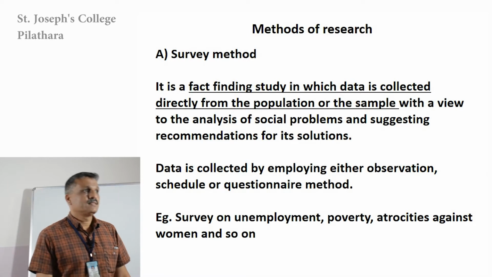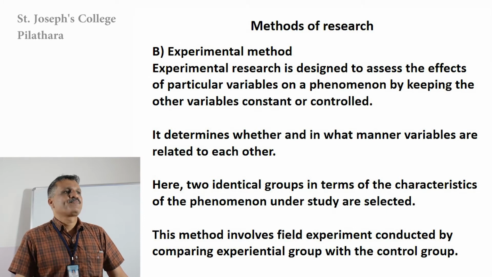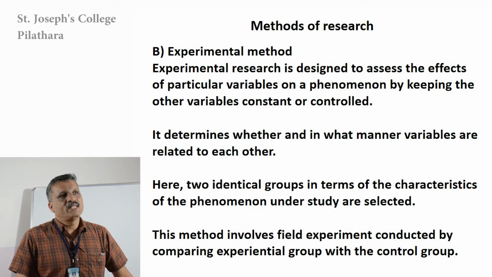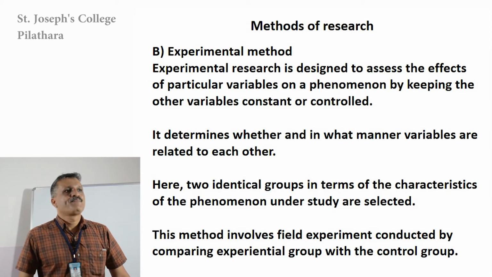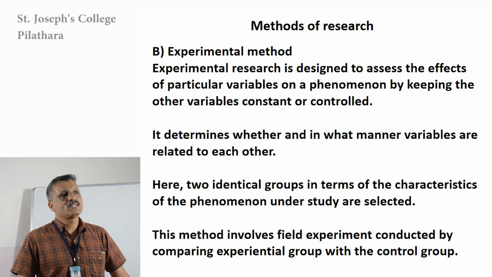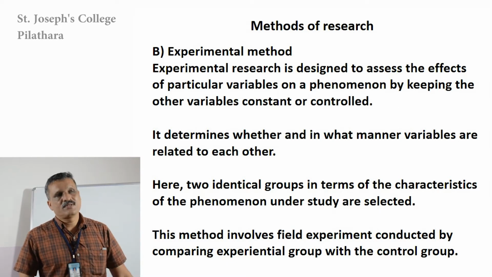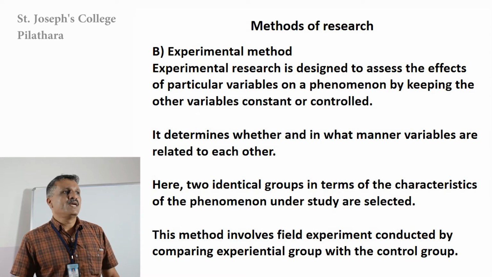Coming to the second, there is also an important research method, that is the experimental method. In the experimental method we keep one group as the experimental group and the other group as the control group. In a control group we are controlling the stimulus that we are applying, or in other words, what we want to test.